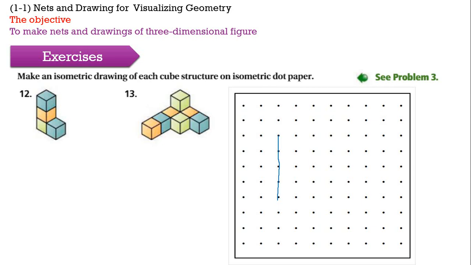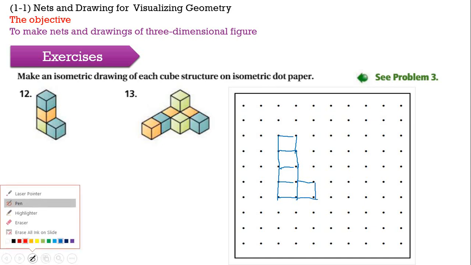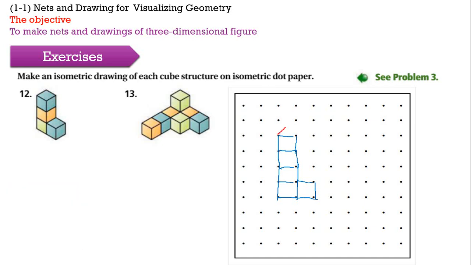So I will represent each cube in one of these squares like this. So that's what I can see in the beginning. I will make them in one color. Right? Then I'm going to draw the next part. So this will be like this.